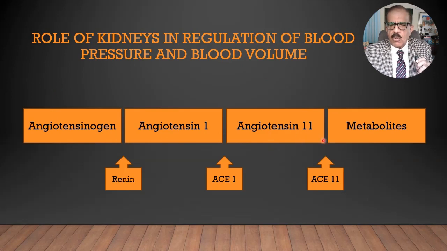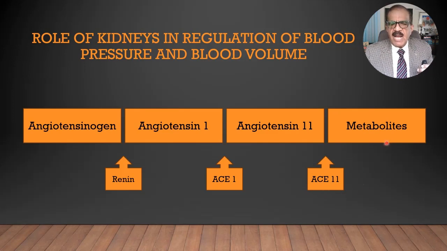Angiotensin 2 has got vasoconstrictor action mainly, but actually there are two types of angiotensin receptors, called 1 and 2. One is vasoconstrictor, 2 is dilator. Ultimately, it gets converted into metabolites by ACE2. This became popular when we had COVID, because the COVID virus attaches to ACE2.